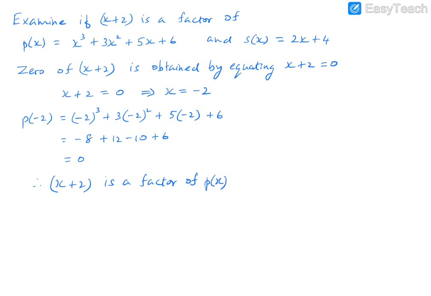Similarly, we can check whether x plus 2 is a factor of s of x. We are given s of x is 2x plus 4. So we want to find s of minus 2. In place of x, we just substitute minus 2. We get 2 into minus 2 plus 4, which is minus 4 plus 4, which is equal to 0.